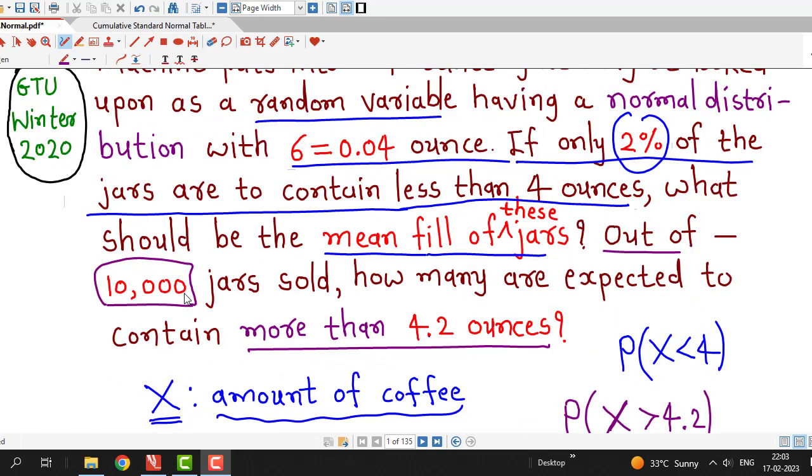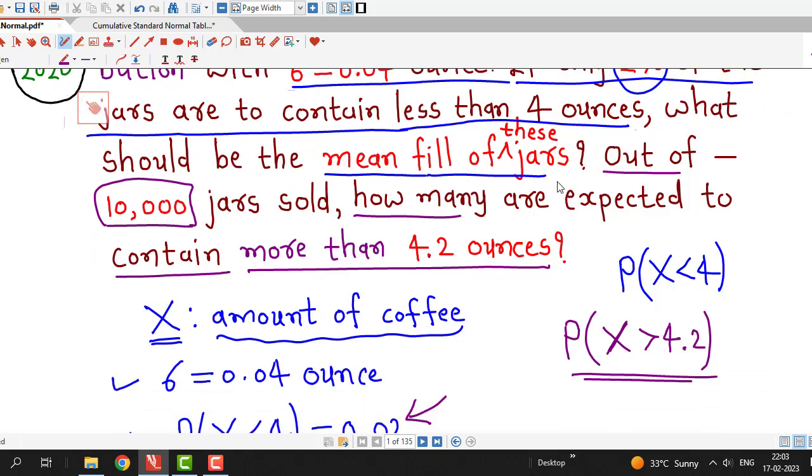Okay, now we have to find out some other thing also. Out of 10,000 jars sold, how many jars are expected to contain more than 4.2 ounces? So they have told us that they are selling 10,000 jars, and out of 10,000 jars sold, we have to decide the expected number of jars which contain more than 4.2 ounces.